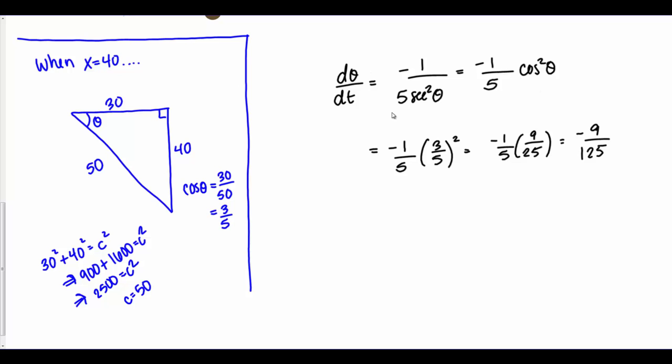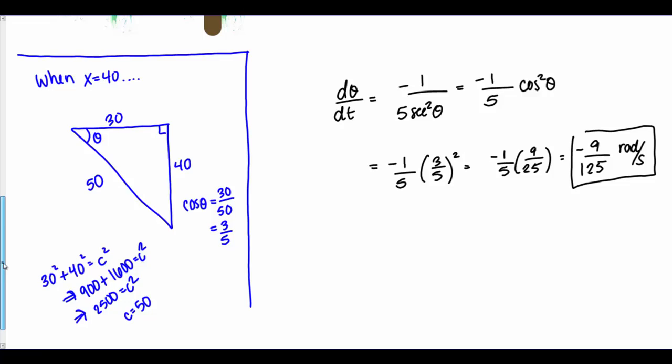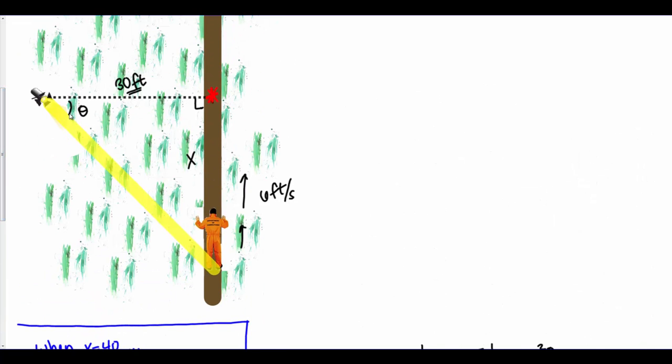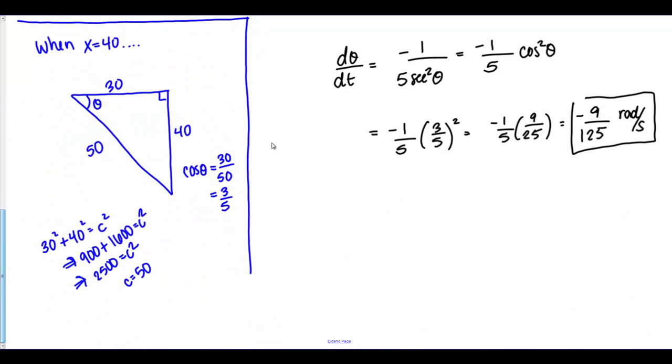And this right here is what I'm looking for. This is the rate at which my angle theta is changing. My units here for my angle are going to be radians per second. And in this case, we got a negative value, which makes sense because our angle is getting smaller as this beam follows the man.